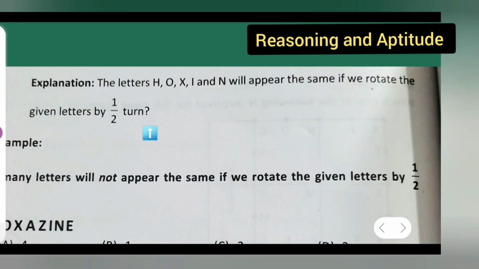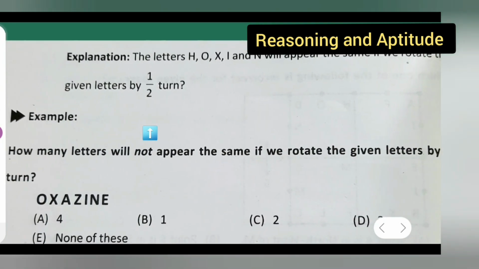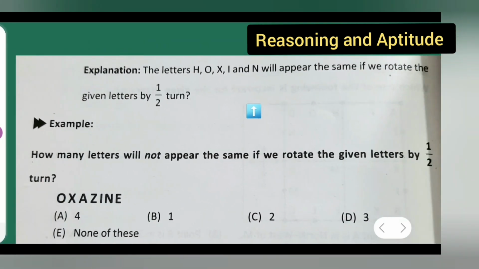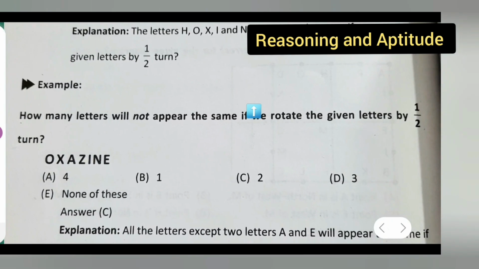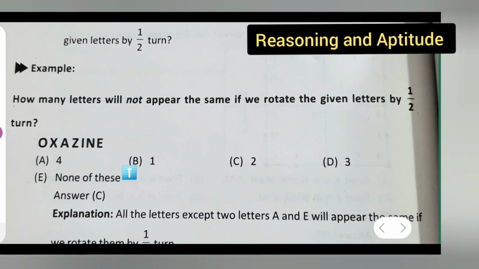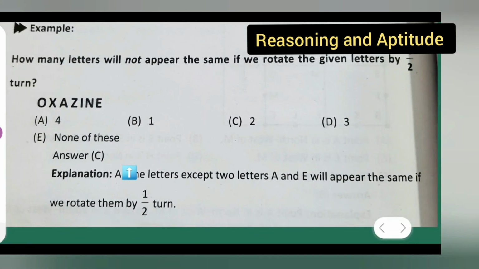So let us take the next example. I hope you all have understood the explanation part. Next example is, how many letters will not appear the same if we rotate the given letters by 1/2 turn? O, X, A, Z, I, N, E is given. So what is the correct option for this one? The correct option is option C, 2.